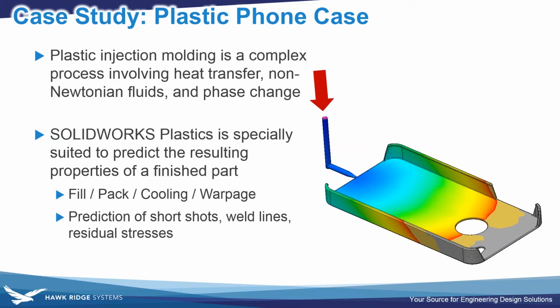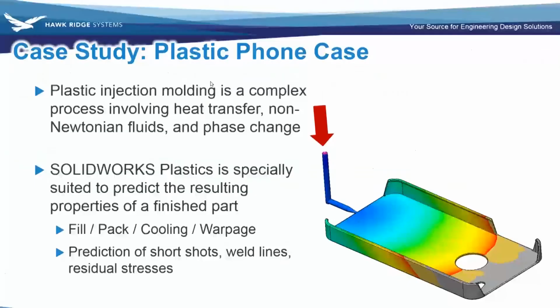This can help us predict all sorts of defects along the way, things like weld lines or other visible marks, and short shots, in other words, if the mold will even fill in the first place. On top of that, the warp shape and the residual stresses inside the material, which just like the formed sheet channel that we talked about earlier, can affect the results of a subsequent loading.